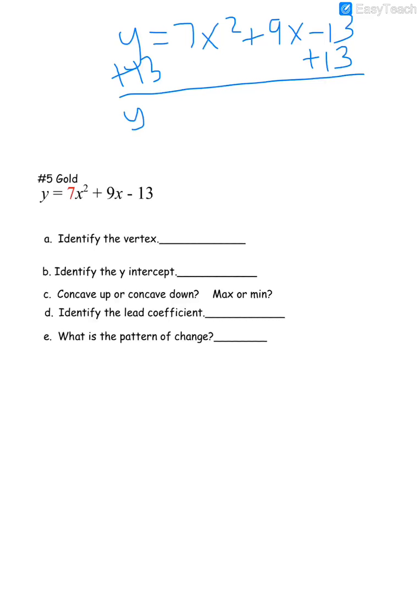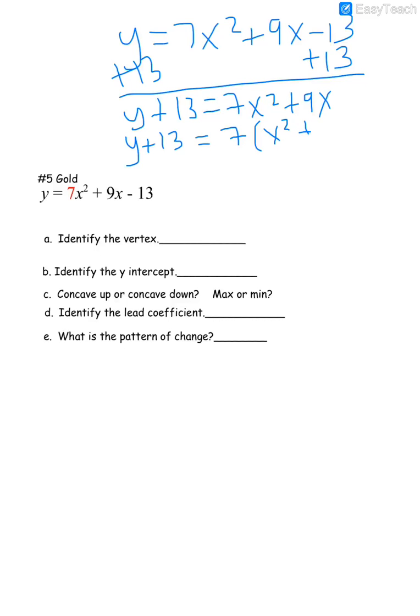And I'm going to get y plus 13 equals 7x squared plus 9x. Okay, so we do need a lead coefficient of 1. So I do have to rip out a 7. This is going to get ugly. Bear with me. This is why it's gold.